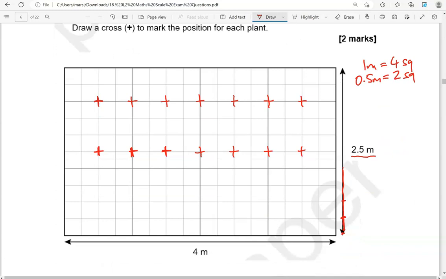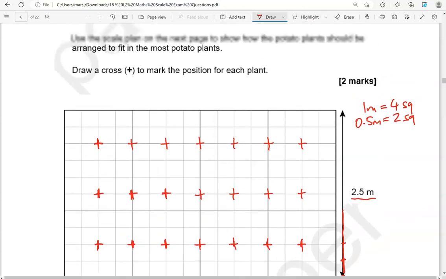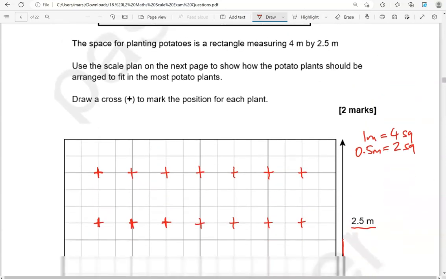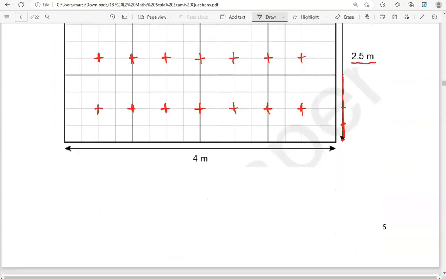Then 3 more squares, 1, 2, 3, which means we've got a gap here of 2 squares with the edge, which works absolutely fine. And that works.